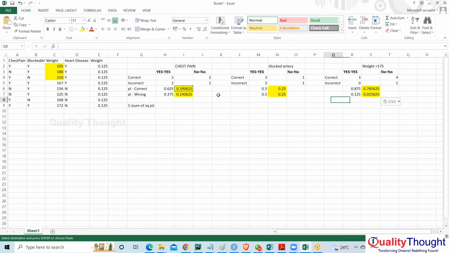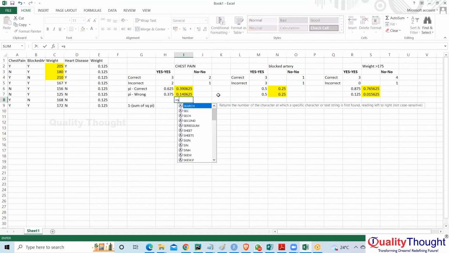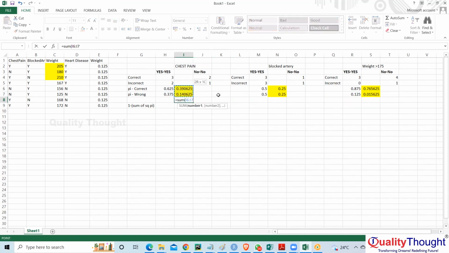Now we need to find the sum, and now we have to find 1 minus. This is the Gini index.